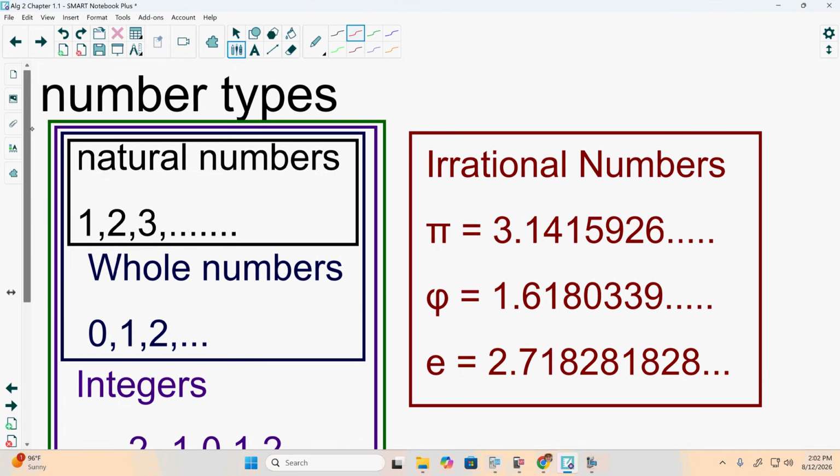It's kind of a curved shape, spiraling out, getting bigger and bigger. And the last one there is e. e is an irrational number. It's going to be dealing with logarithmic equations, logarithmic functions, exponential growth, exponential decay. We will see that in the spring. The symbol for irrational numbers is our I with 2 lines.